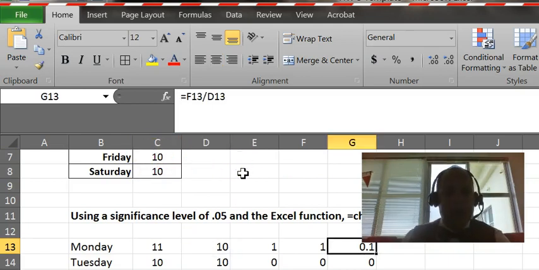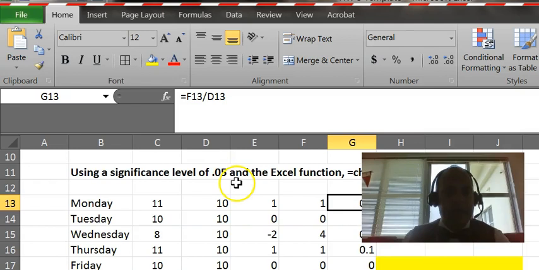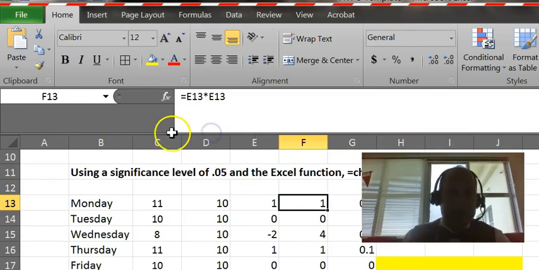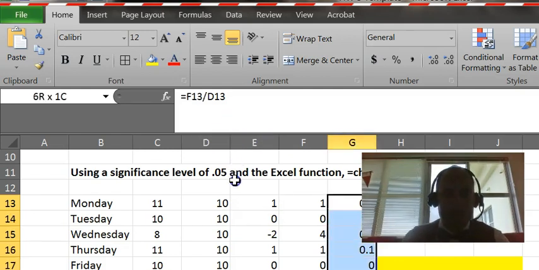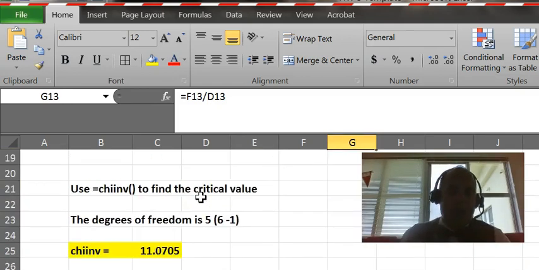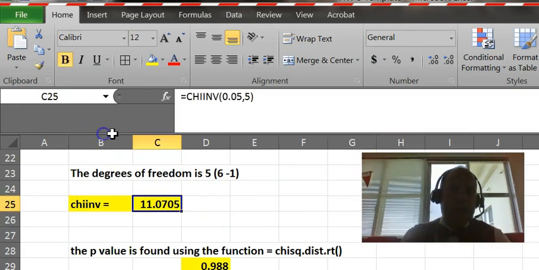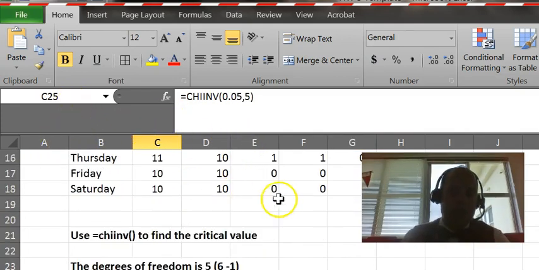And I compute the expected frequencies simply by dividing. For the chi-square, and obviously you'll have this worksheet, you just sum these up and you'll get a chi-square value of 0.6. Degrees of freedom is 5 because it's just n minus 1. There are 6 days here, minus 1 gives you 5.